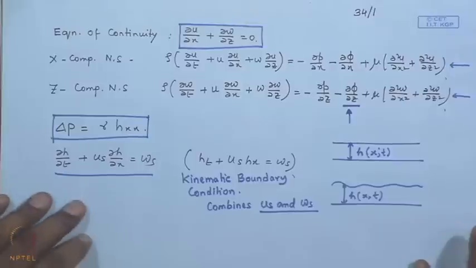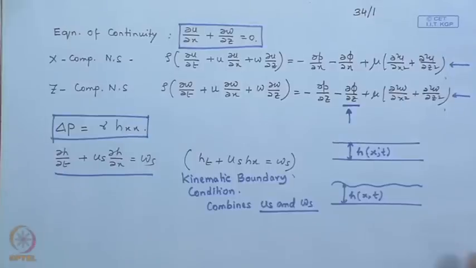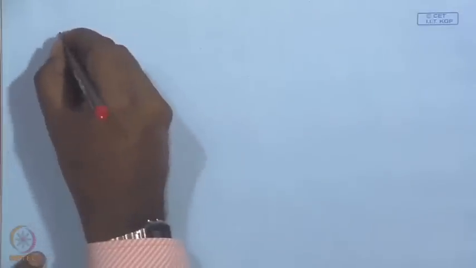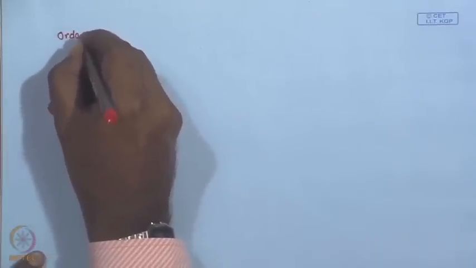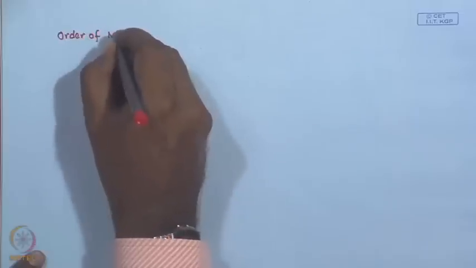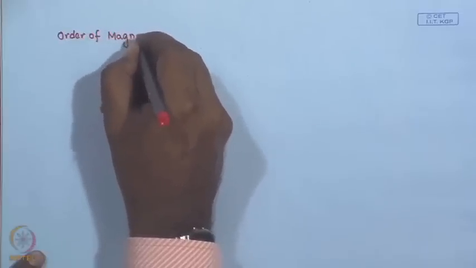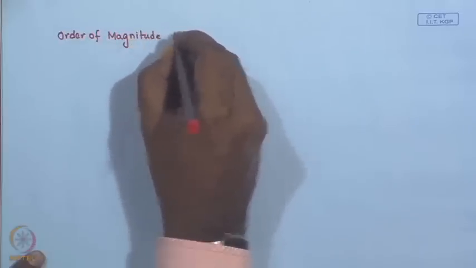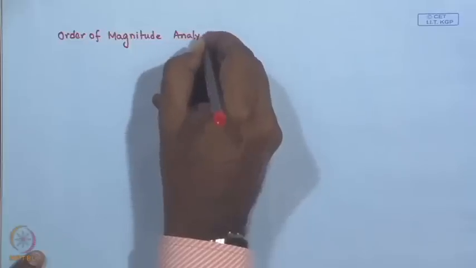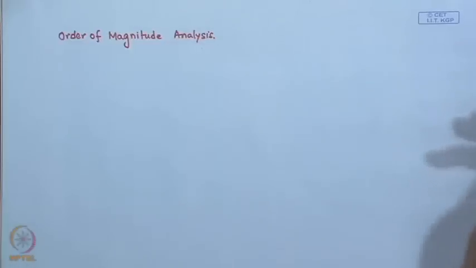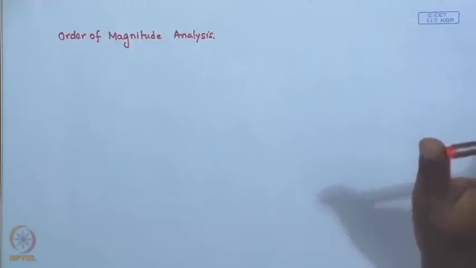The next thing that we will do is what is known as order of magnitude analysis. This is a very common practice which gives an idea about the scaling or the orders, and is very common in heat transfer as well as in fluid dynamics.